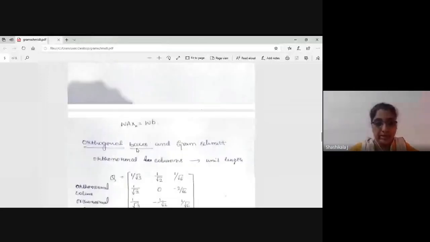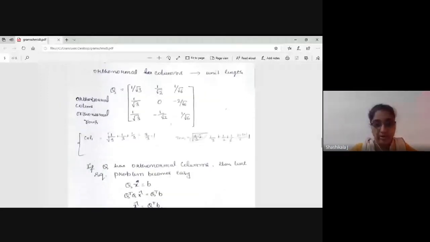For example, this one. When you see this column 1, its length is 1, so it is 1, 1, 1, and 1, 0, minus 1 may become orthogonal. But in order to make it orthonormal, we have to divide it by its length.